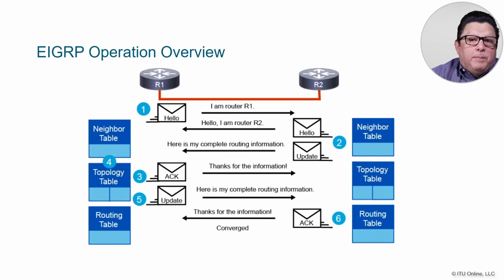And that's a basic overview of the three tables, very importantly: neighbors first, then topology. From the neighbors, the topology is learned, and then the routing table is derived from that topology table.